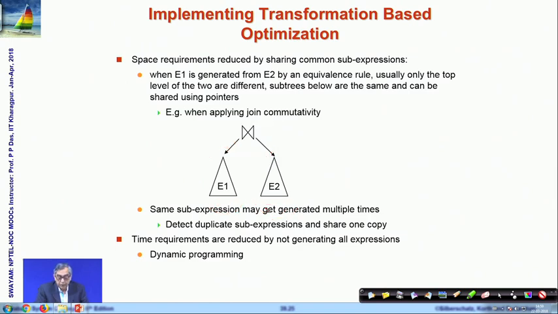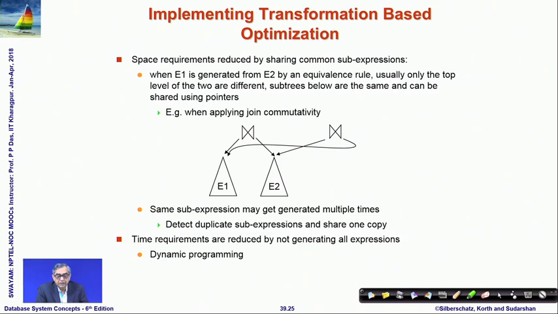We could have a join, and then instead of replicating the whole evaluation of E1 and E2, we can simply make pointers to the same subtrees, which is basically called subexpression optimization.